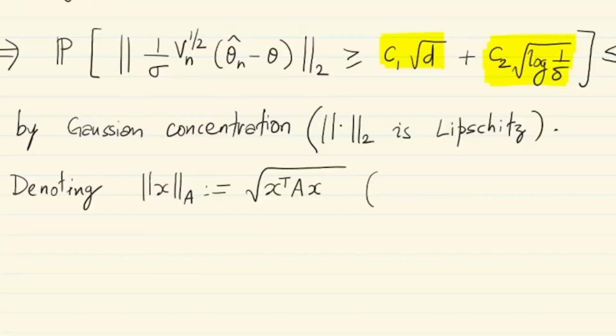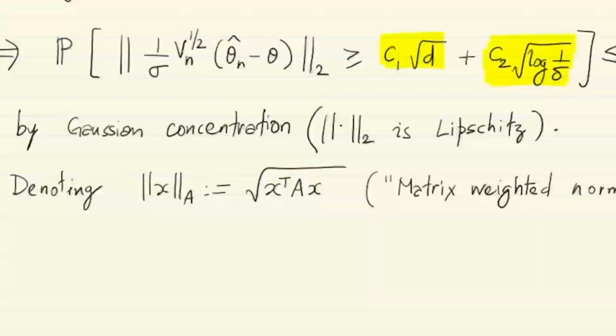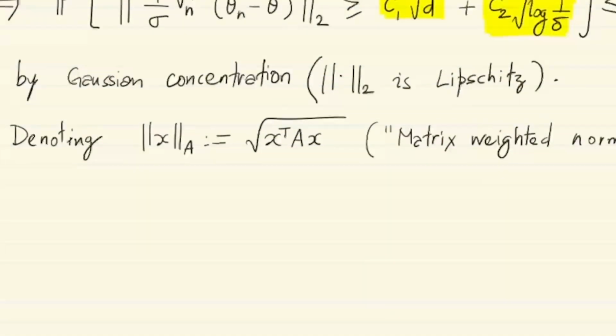When A is a positive definite matrix, this is often called the matrix weighted Euclidean norm. If A is the identity matrix, then you get the standard Euclidean norm.